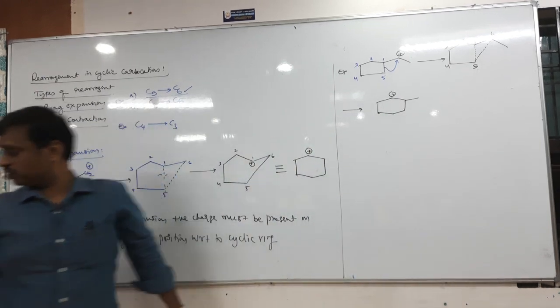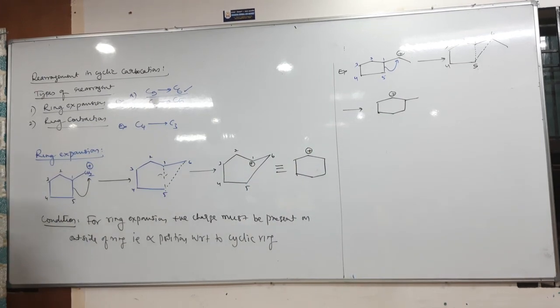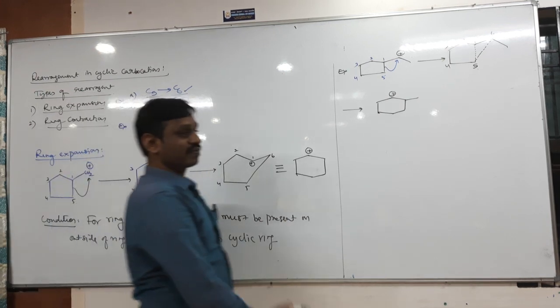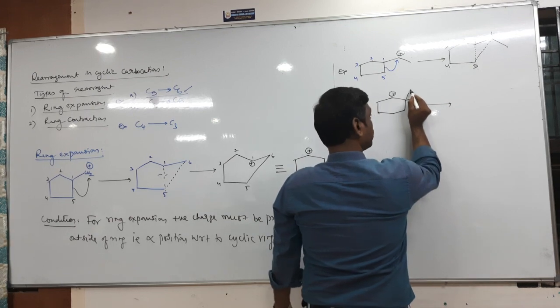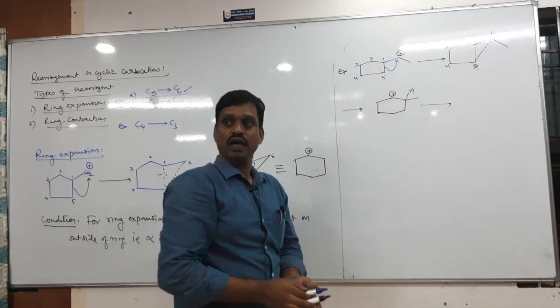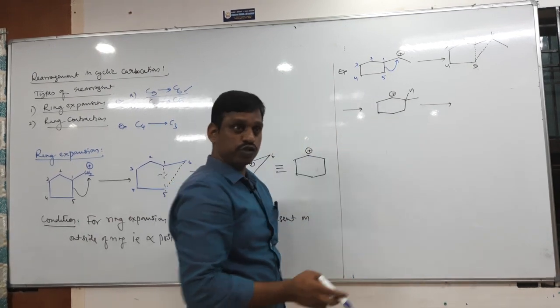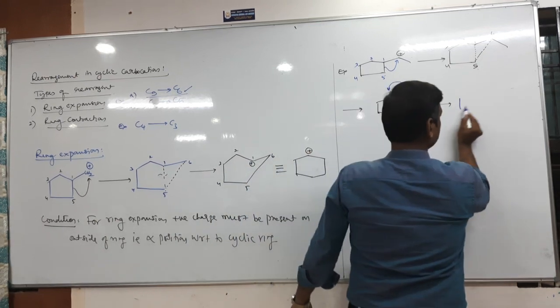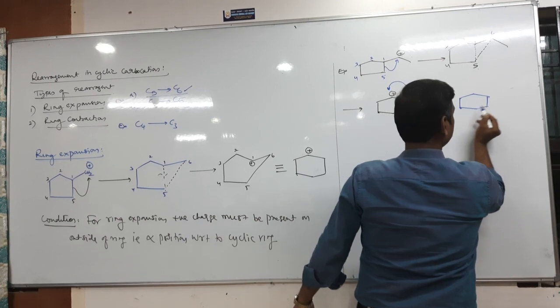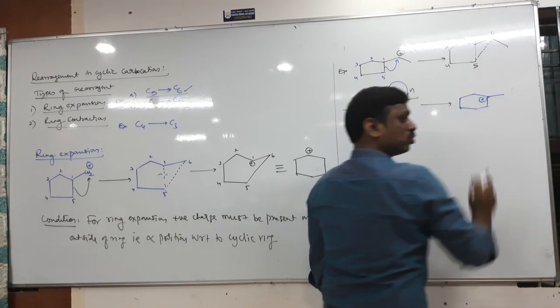Which carbocation is it? Secondary. But there is another possibility. There is a hydrogen on the adjacent carbon, so you will get a tertiary carbocation. Therefore, another rearrangement is possible, and finally you will get the tertiary carbocation, which is more stable.